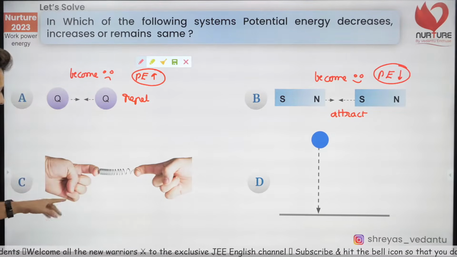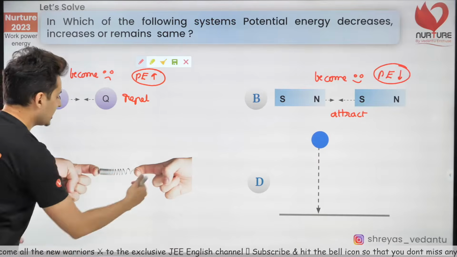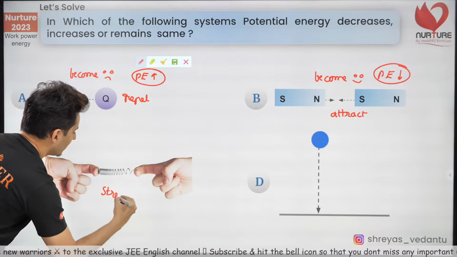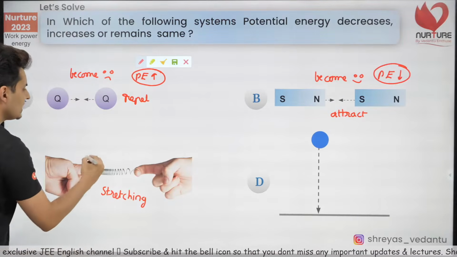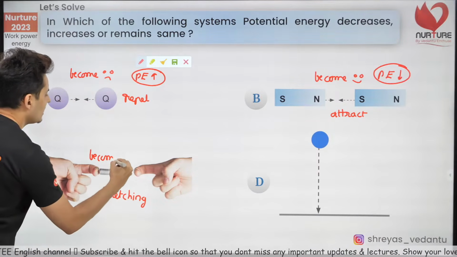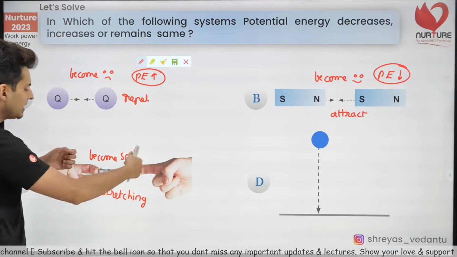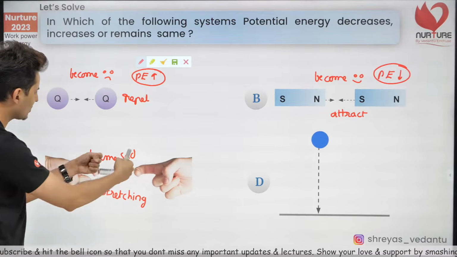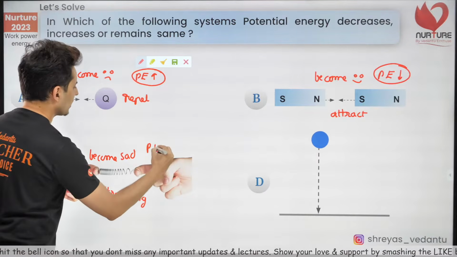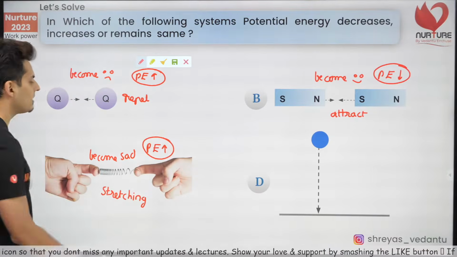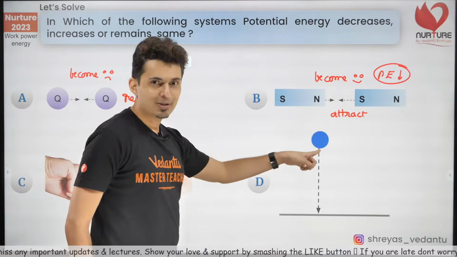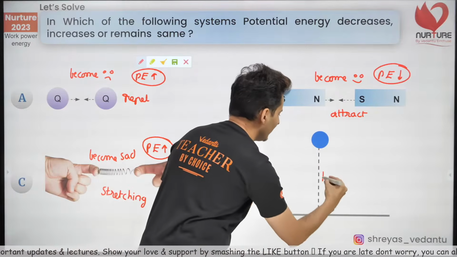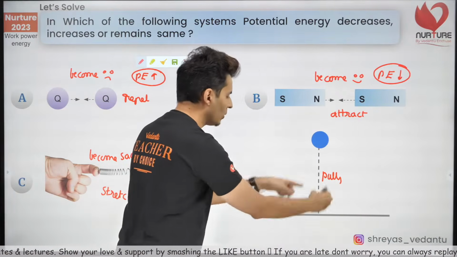Excellent. Similarly, a spring: you are stretching it. What will happen? It will become sad because it does not want to be stretched. It wants to come back. So therefore, potential energy will increase in this case. And in this situation, this mass comes down. The gravity pulls it downward.